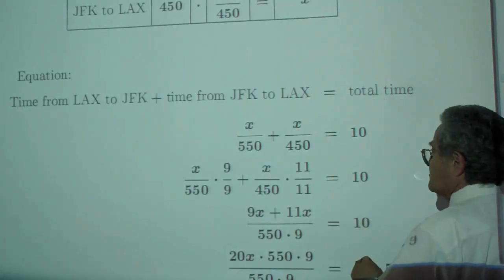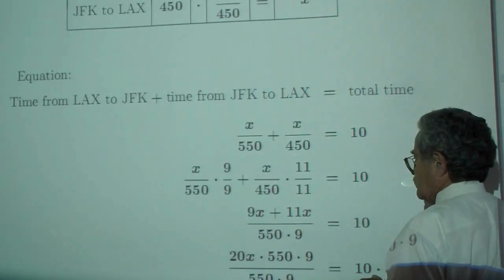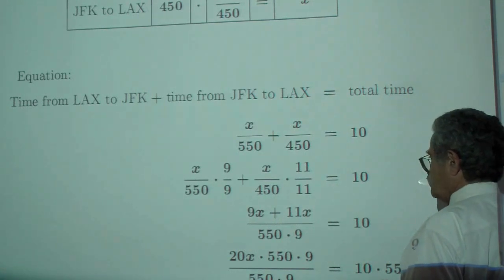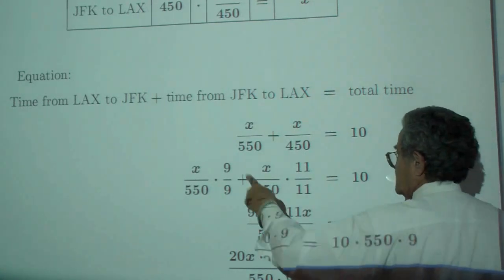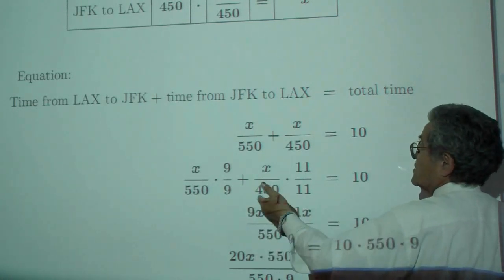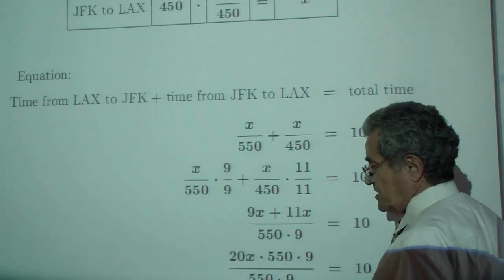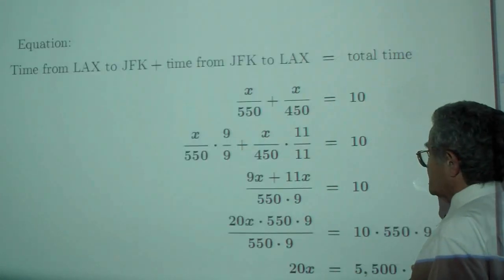Yeah, here we go. Multiply by the least common denominator. Or, yeah, you could make this like so. You could have multiplied by 450 times 550, or the least common denominator.